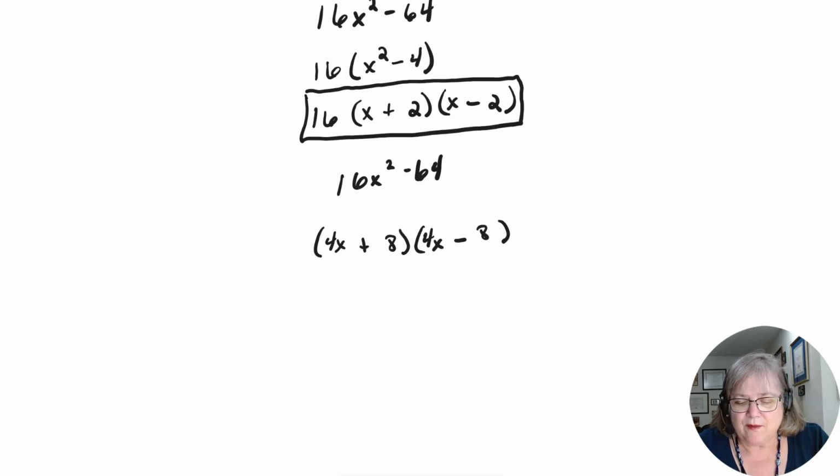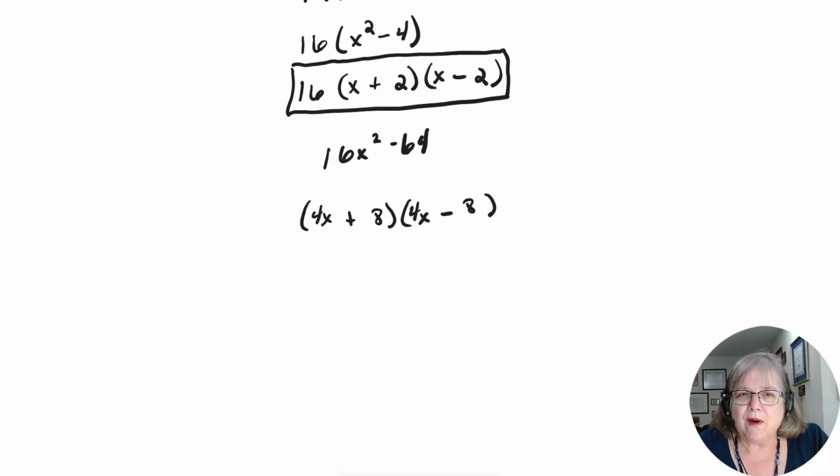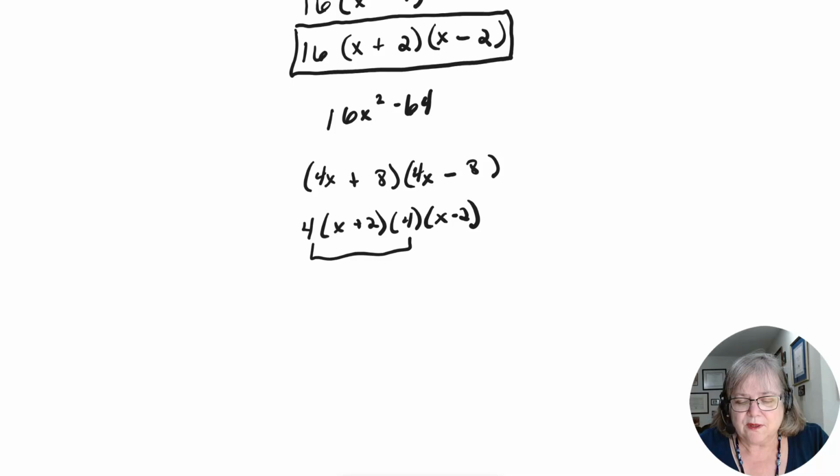And one's plus and one's minus. But if you had marked that and said that this was complete, it's partially factored, but it is not completely factored. Do you see how there's a 4 in common in these factors? From the first term, you could factor out a 4, and that would leave you x plus 2. And from the second term, you could factor out another 4, and that would leave you x minus 2. And these two 4s make 16.